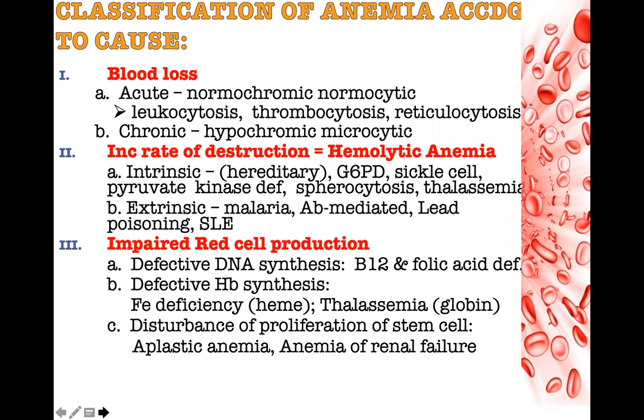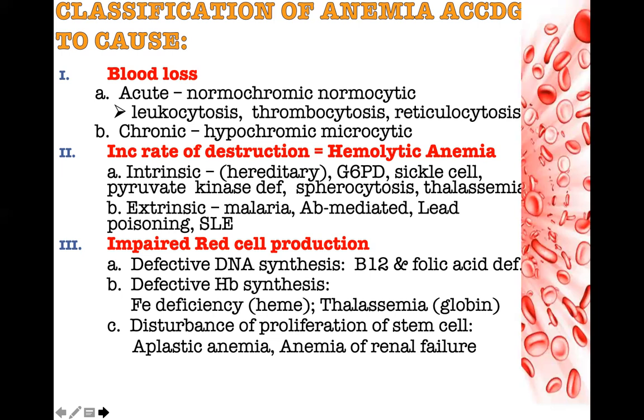Or it may be extrinsic because the cause may be coming from outside that would just destroy the red cells. Like if you have parasitic infestations like in malaria, or there could be an antibody that is destroying the red cells, or maybe it's a heavy metal that is initiating the destruction of the red cells, or SLE, because in SLE, we know that we produce antibodies against red cells.